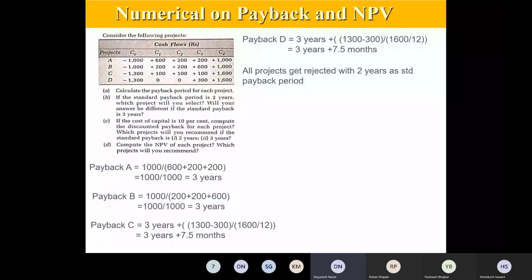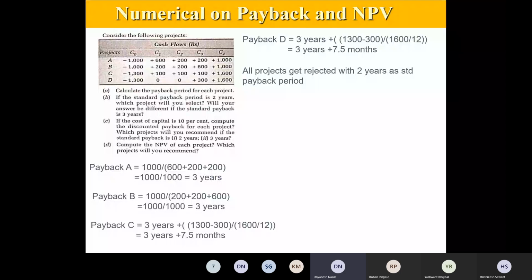Why? Because the standard payback period of 2 years is lesser than any of the payback periods of these projects. 3 years means standard should have been 2 years or less. So none of the projects will be selected. Is that clear? Yes, sir.